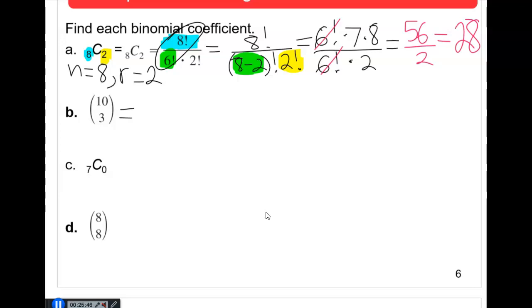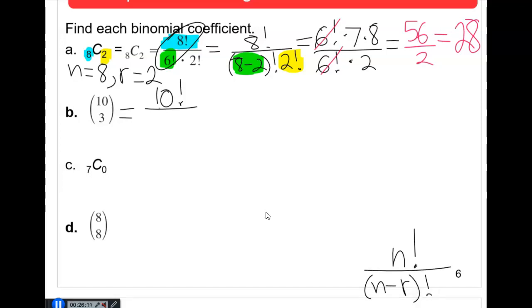So let's do the next problem. Remember that it is the same notation. And we will have 10 factorial, because that is n, over n minus r factorial. I'm going to write the formula here. It will be n factorial over n minus r factorial times r factorial.